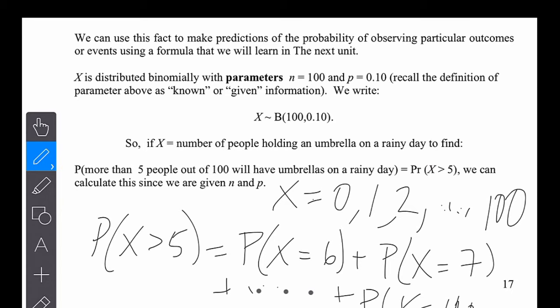So you'd have to have all those probabilities. Summing them together would give you the answer. Now I didn't present the table here, but that's the approach to solving this problem.